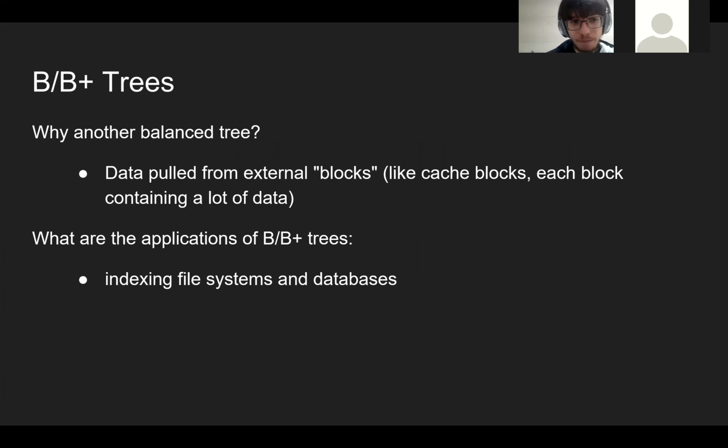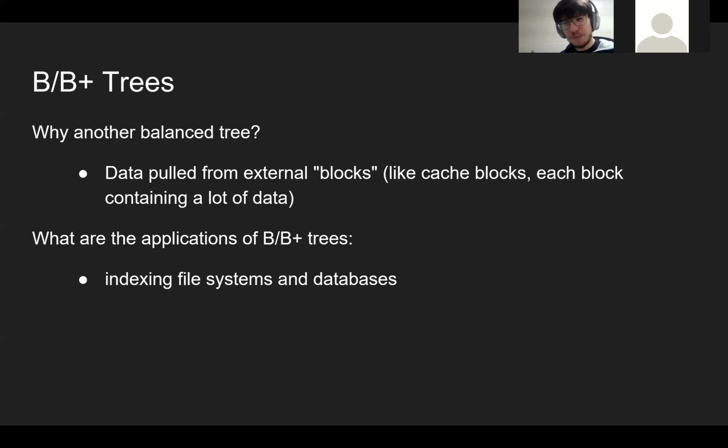Okay, so why another balanced tree? Why do we use B and B plus trees? Well, they're really helpful because they act kind of like cache blocks where each block contains a lot of data. You can pull from external blocks of memory, and bring in a big block of data at once.